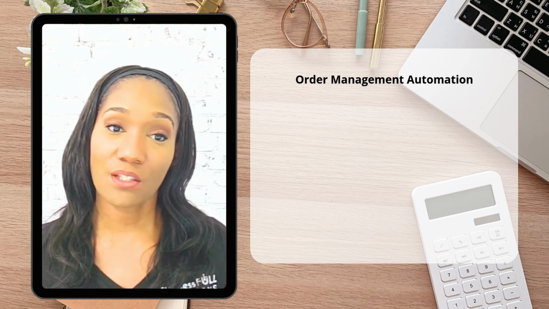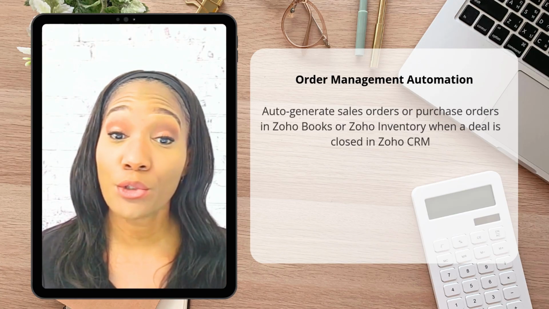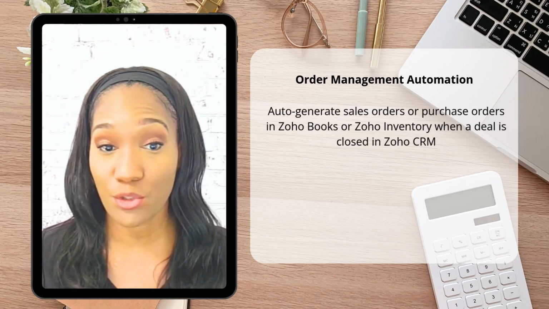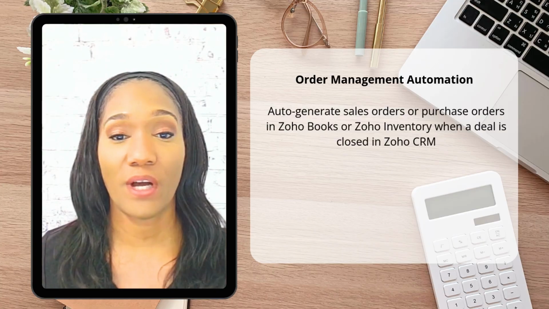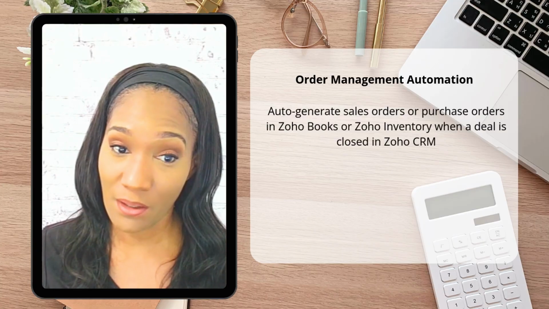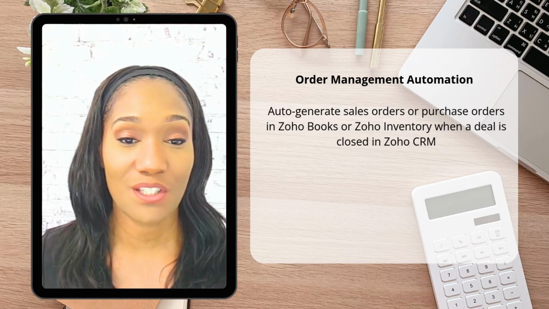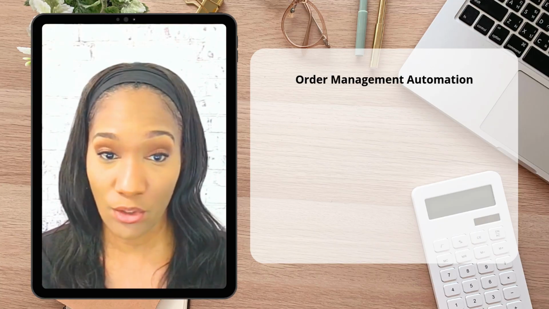Now, some of the ways that you can automate your order management process is to auto generate sales orders or purchase orders in Zoho Books or Zoho Inventory, just the Zoho Finance application. And you can make that happen automatically when a deal is closed in the CRM. That's one way that you can automate your order management.